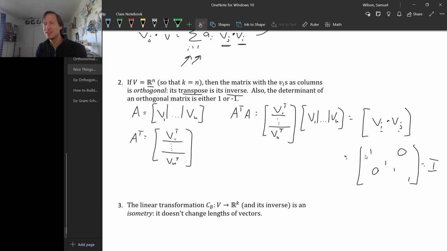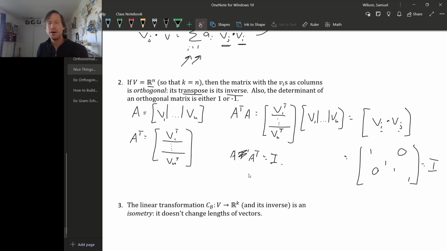So A transpose times A is the identity, but also A transpose and A are both square, and if a product of square matrices is the identity, then the product the other way around is also the identity.